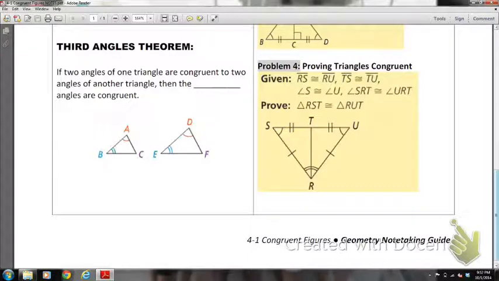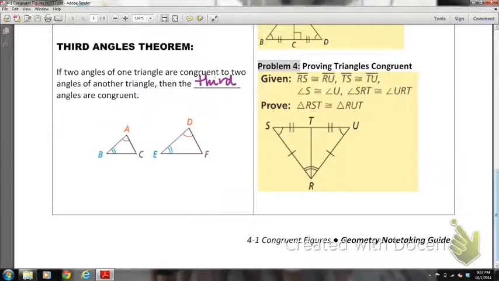So that leads us to the third angles theorem. And the third angles theorem states that if two angles of one triangle are congruent to two angles of another triangle, then the third angles are also congruent.